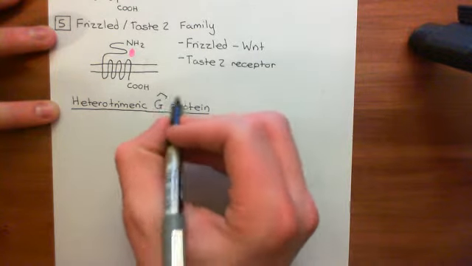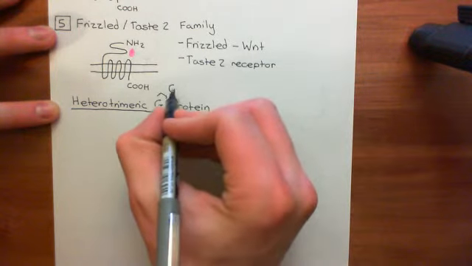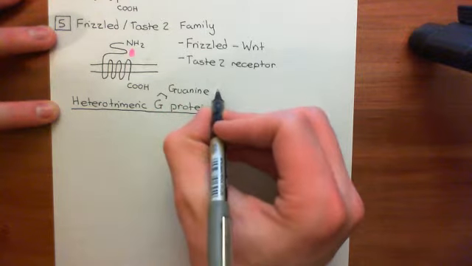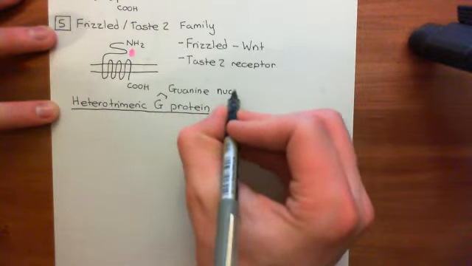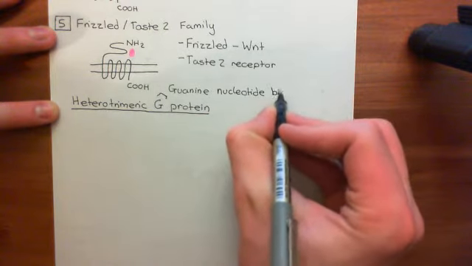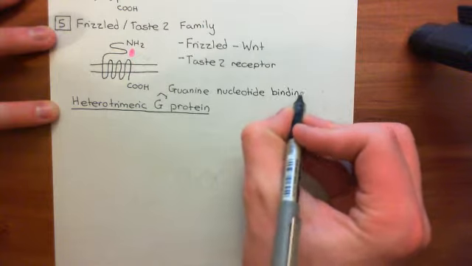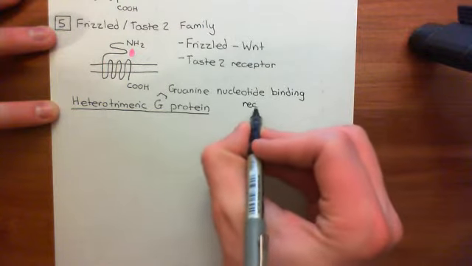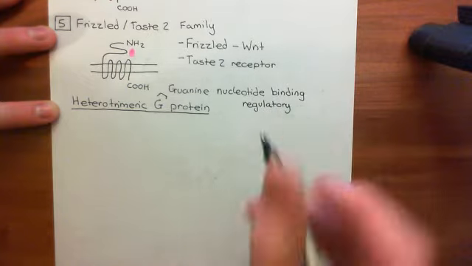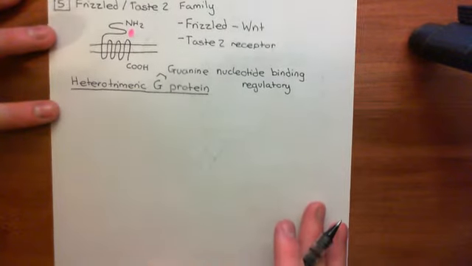So G protein is short for guanine nucleotide binding regulatory protein. It's got guanine nucleotide binding, and the word regulatory hidden in there as well. Guanine nucleotide binding regulatory proteins is the full name for G proteins.